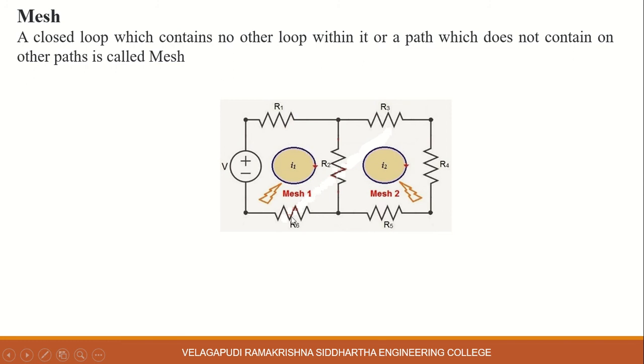So that's why this is one mesh. Similarly, for mesh 2, there is no closed loop inside this path. So here two meshes, mesh 1 and mesh 2, do not contain any other closed loops.